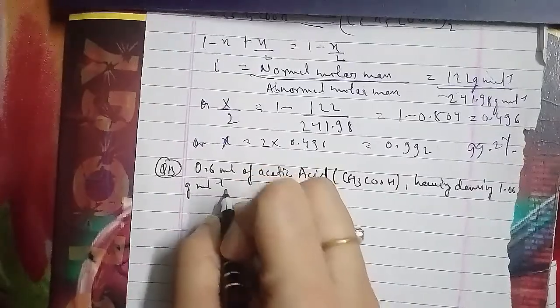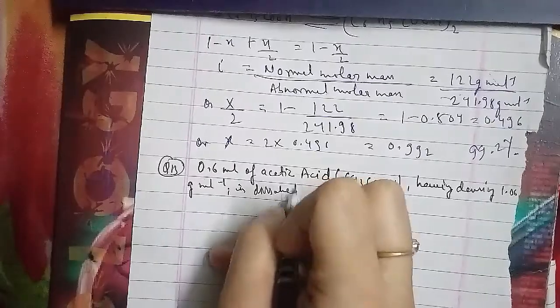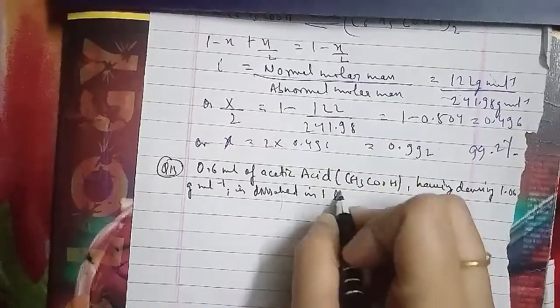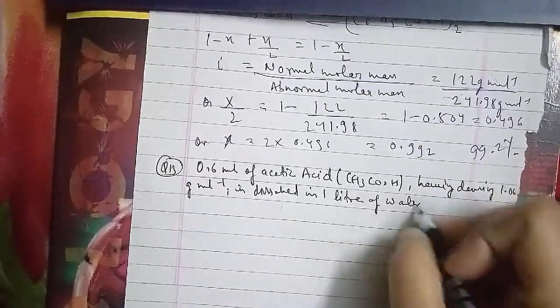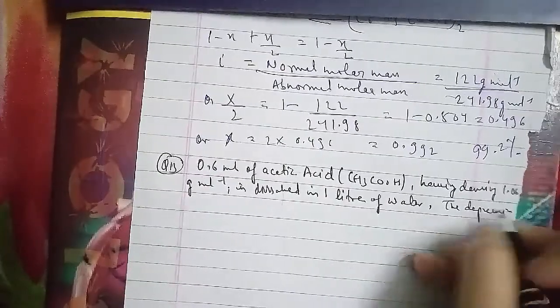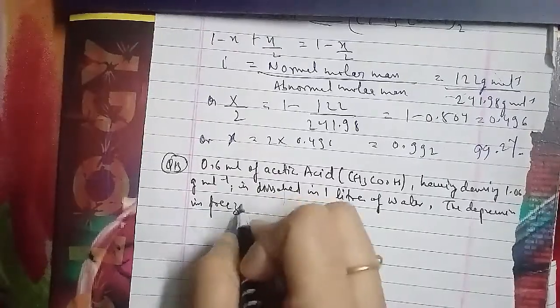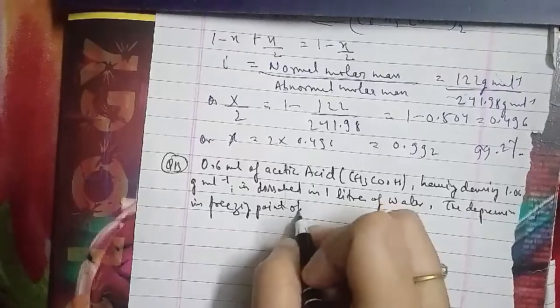The depression in freezing point observed for this strength of acid was 0.0205 degrees Celsius.